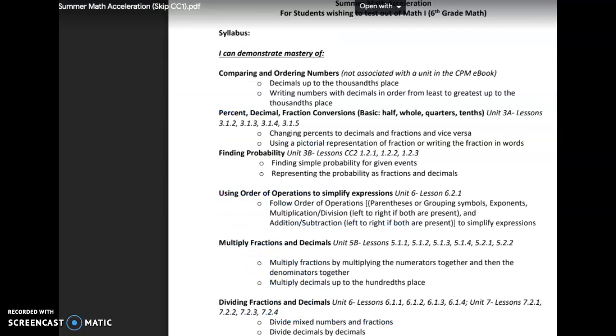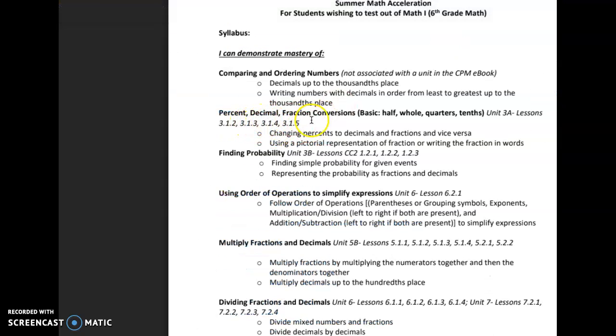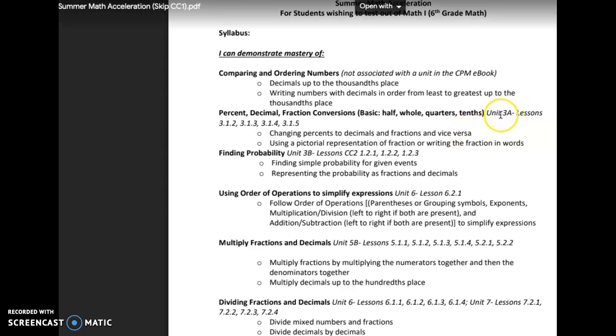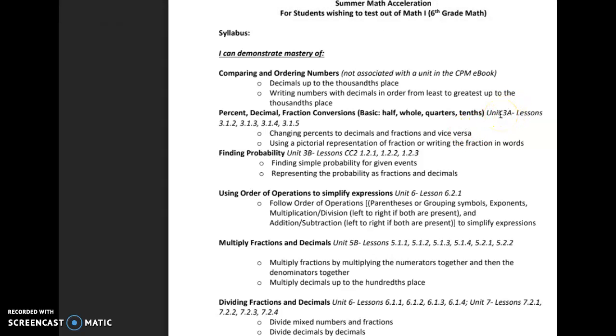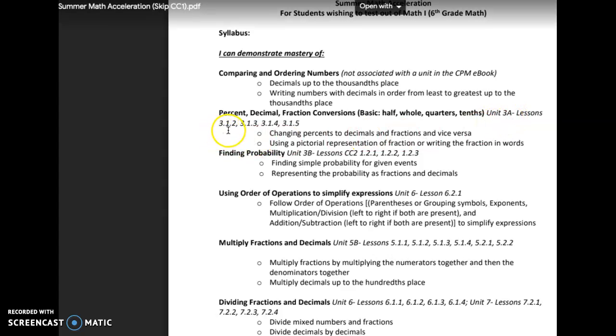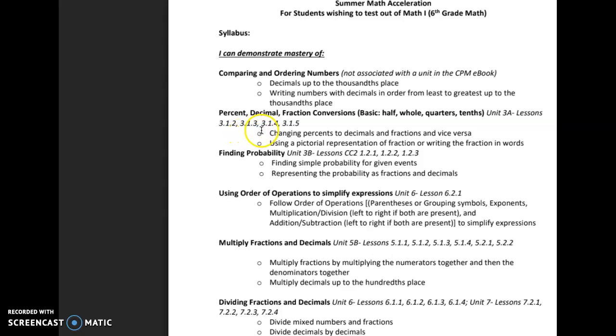Let's look at the next leverage target, which is percent decimal fraction conversions. Right after the leverage target is the unit that you will be working from in the CP/M book. This one says Unit 3A, Lessons 3.1.2, 3.1.3, 3.1.4, 3.1.5.